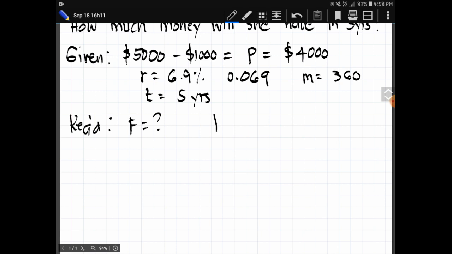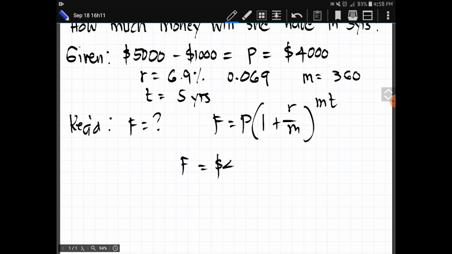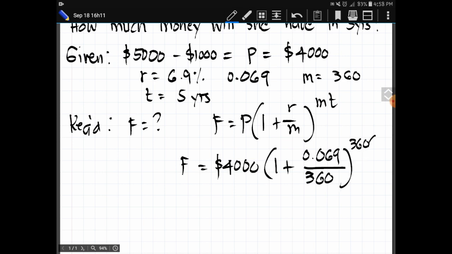Therefore, we are going to use the formula F is equal to P multiplied by the quantity 1 plus r over m raised to mt. So this will give us F is equal to $4,000 multiplied by 1 plus the rate, which is 0.069 over 360, raised to 360 times 5 years. And this will give us the value of $5,647.77.